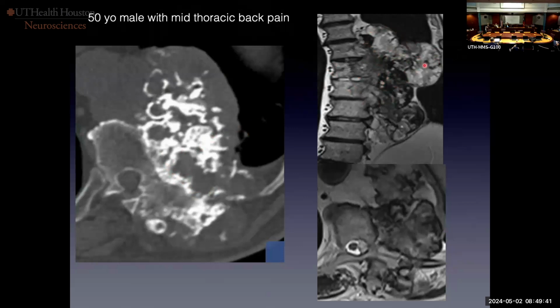This is classic for a cartilaginous tumor, to be very bright like that. So chondrosarcoma is almost certainly the diagnosis. This much soft tissue abnormality makes it not compatible with an osteochondroma. The soft tissue abnormality, back pain, growth, all of those things suggest that this is not just an osteochondroma.